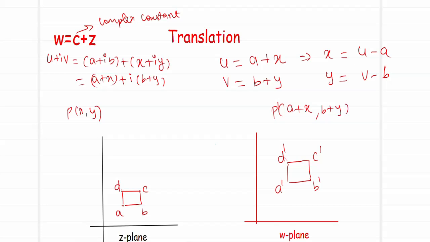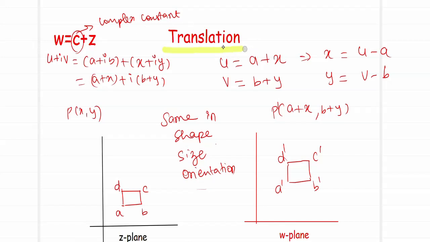The image in the W plane is the same as the image in the Z plane, but it is shifted through a vector called C. So C is going to be the vector by which the objects get shifted. The two regions are going to be the same in aspects of shape, size, and orientation. So the only change we see over here is that of a translation.